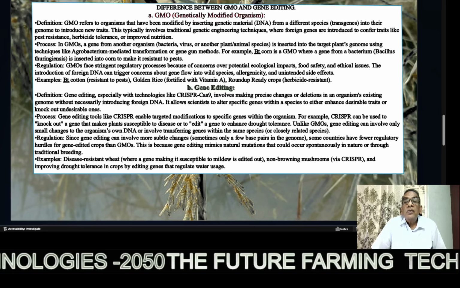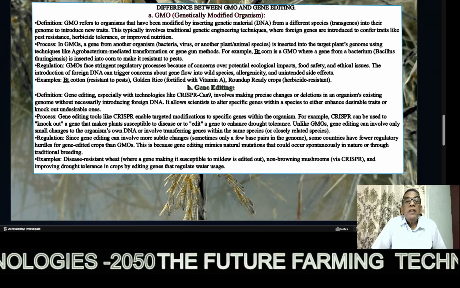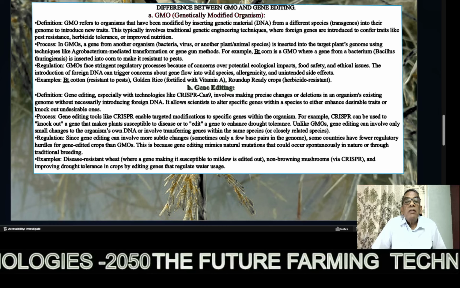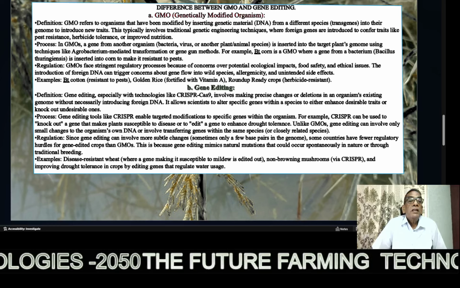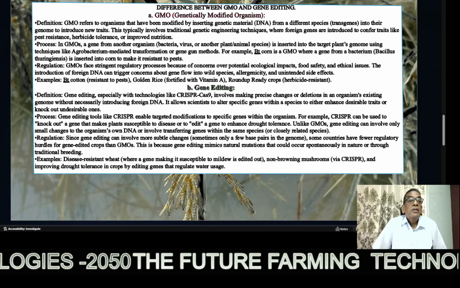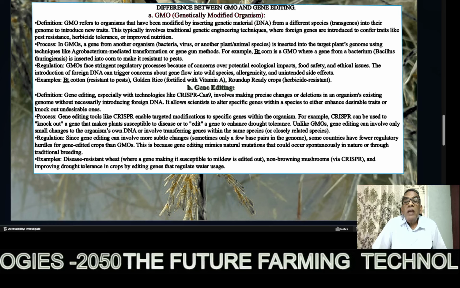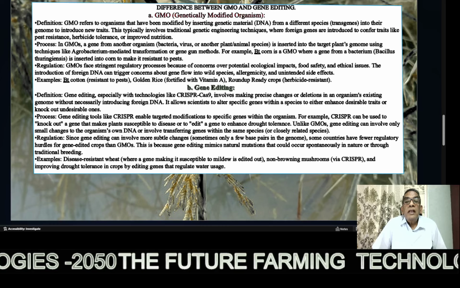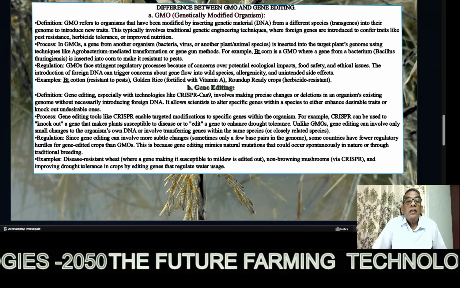In GMOs, a gene from another organism, whether bacteria, virus, or any other plant or animal species, is inserted into the target plant's genome using techniques like agrobacterium-mediated transformation and gene gun methods.